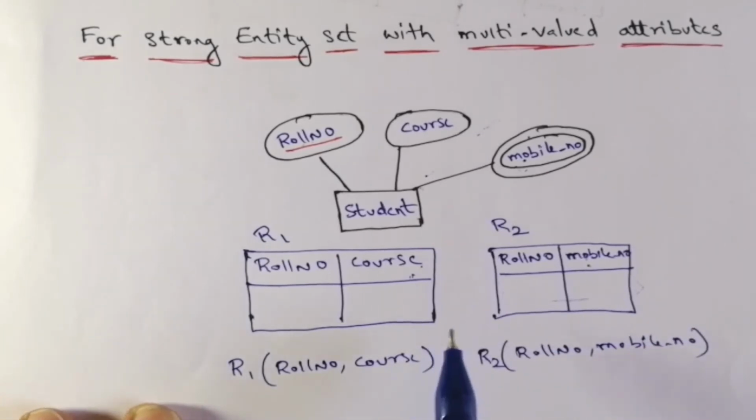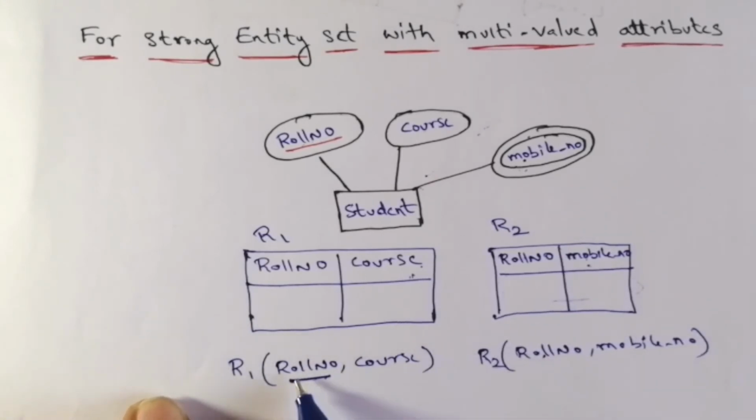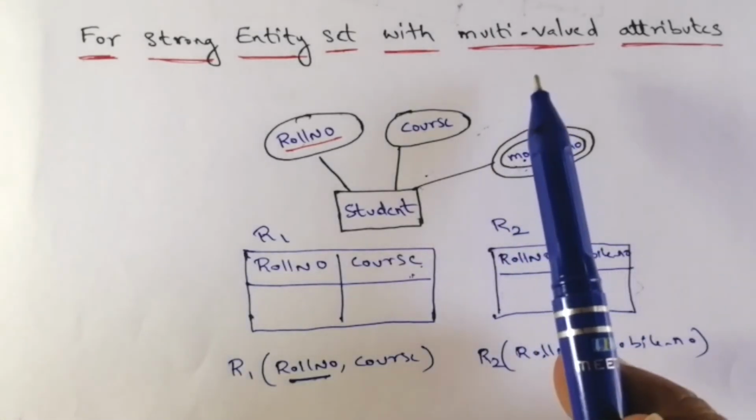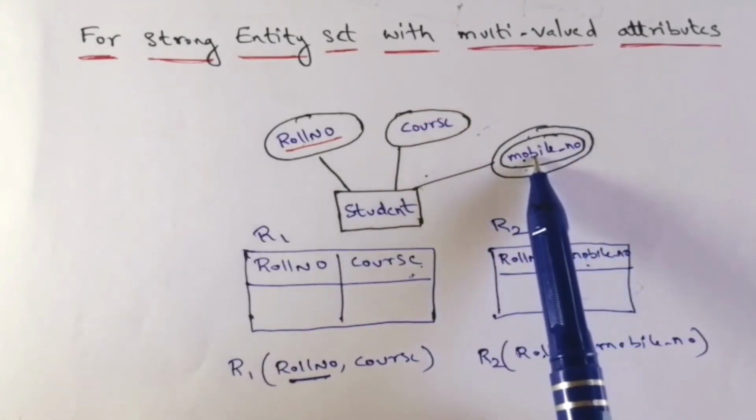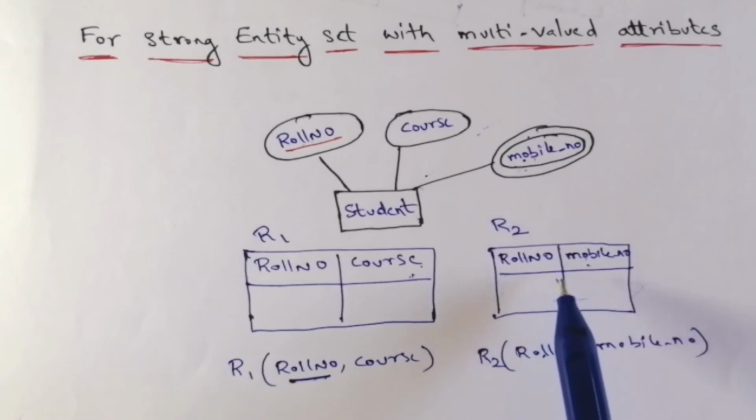Another important point here: in R1 this is going to serve as the primary key, and in R2 this roll number is going to serve as the foreign key. It is going to relate to the R1 relation, right? It is an important point, and it is the case of the multi-valued attribute. If we have a multi-valued attribute, we have to divide into two relations, right?